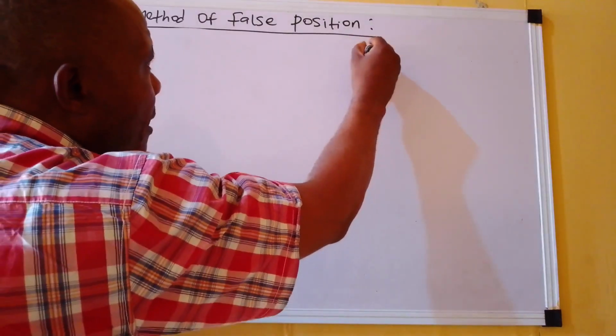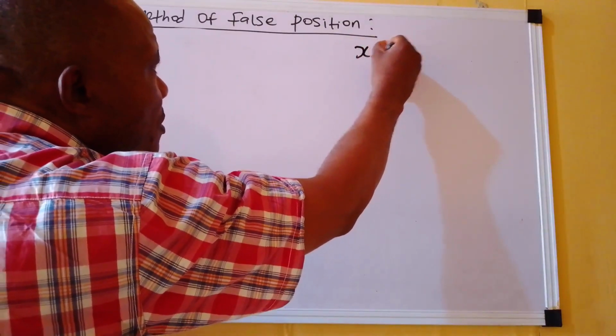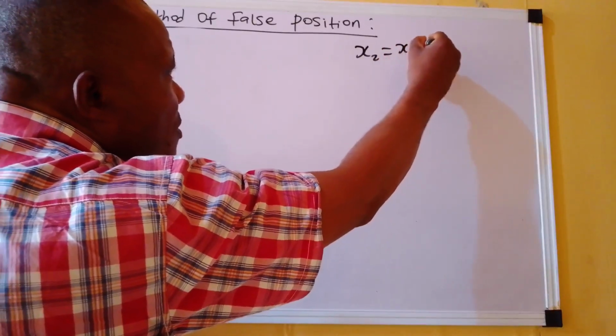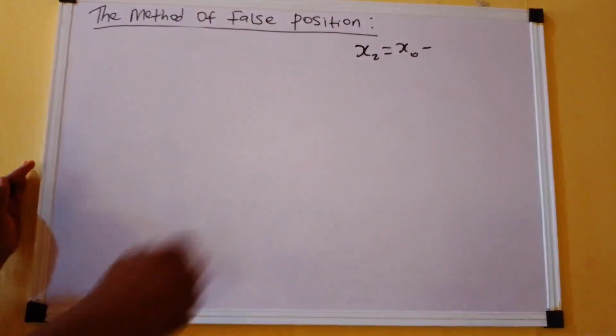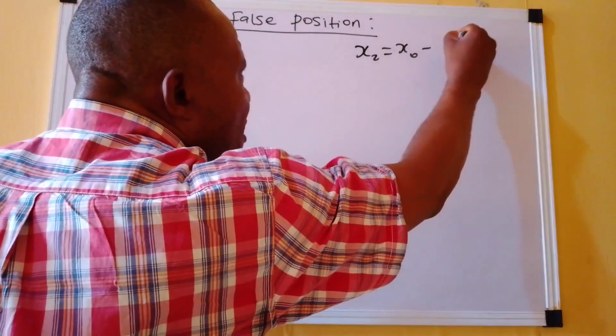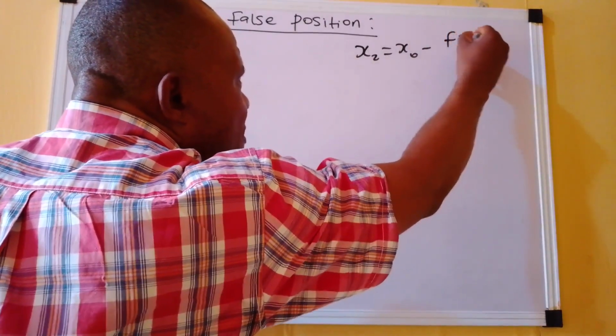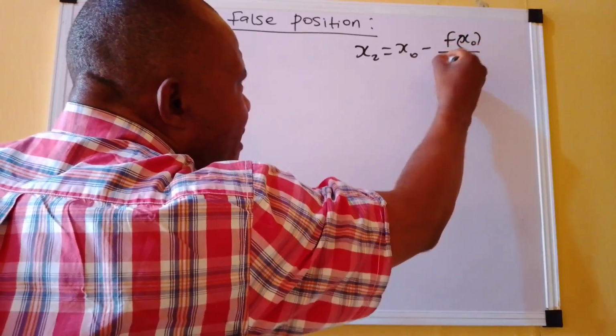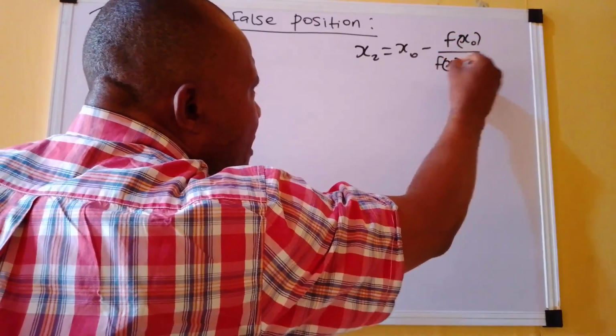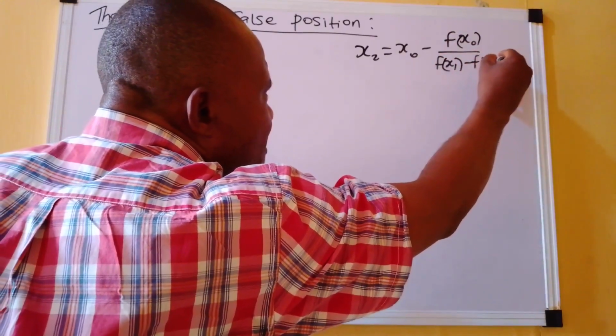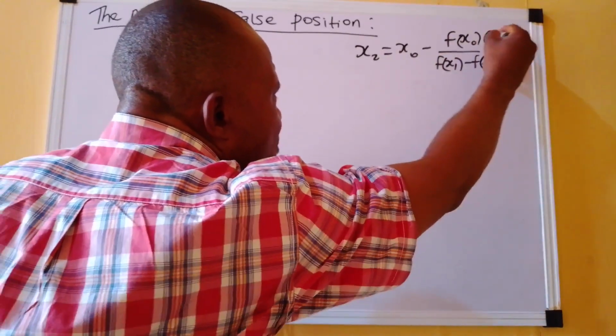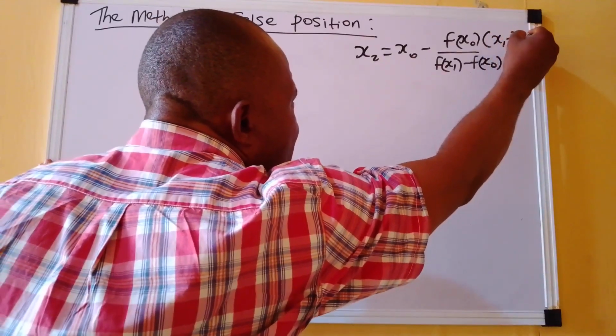Here our x2 is equal to x0 minus f of x0 all over f of x1 minus f of x0 into (x1 minus x0).